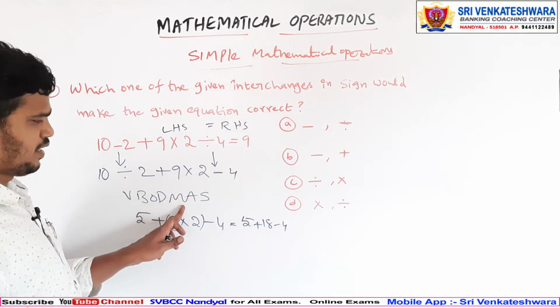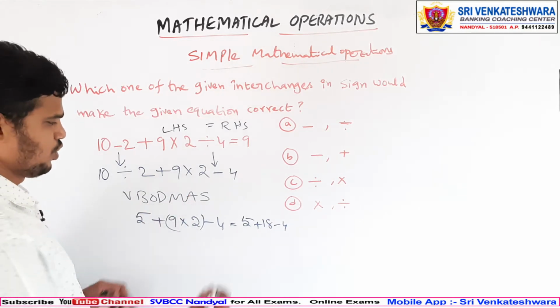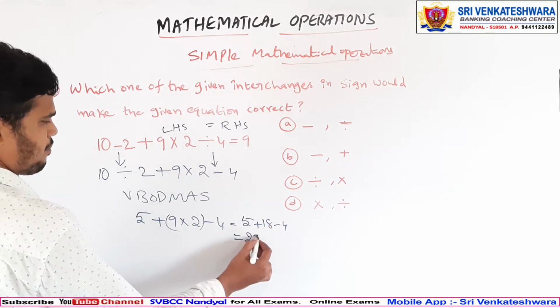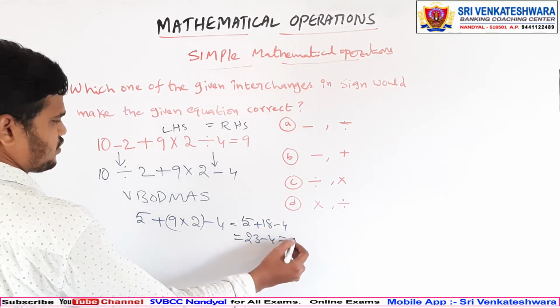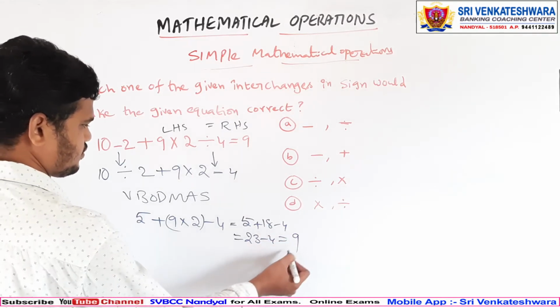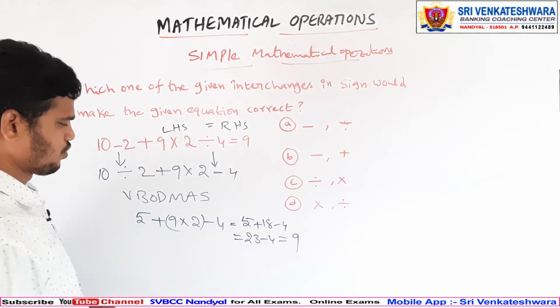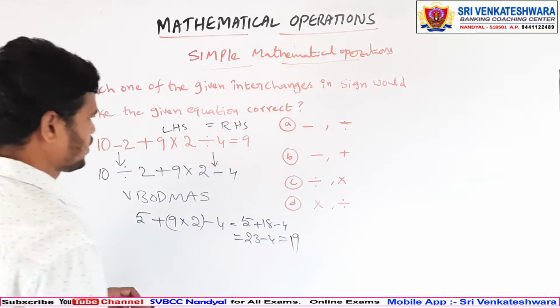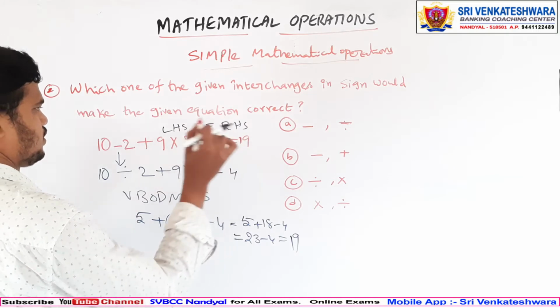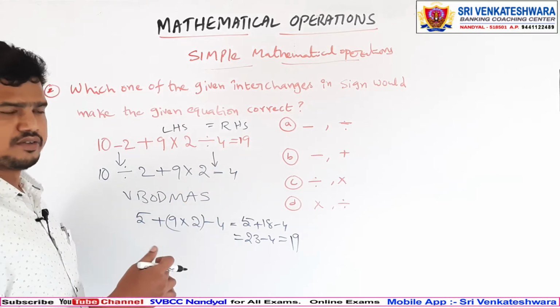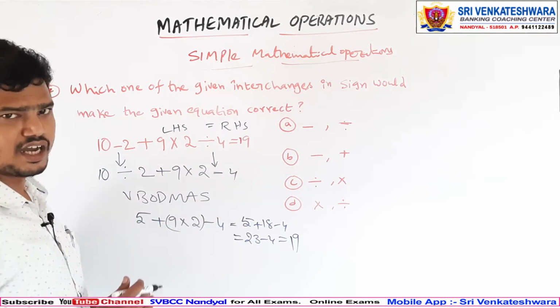After multiplication, addition, so 5 plus 18 is 23, minus 4 is equal to 19. Here also 19, correct. So luckily the first option is the correct option.